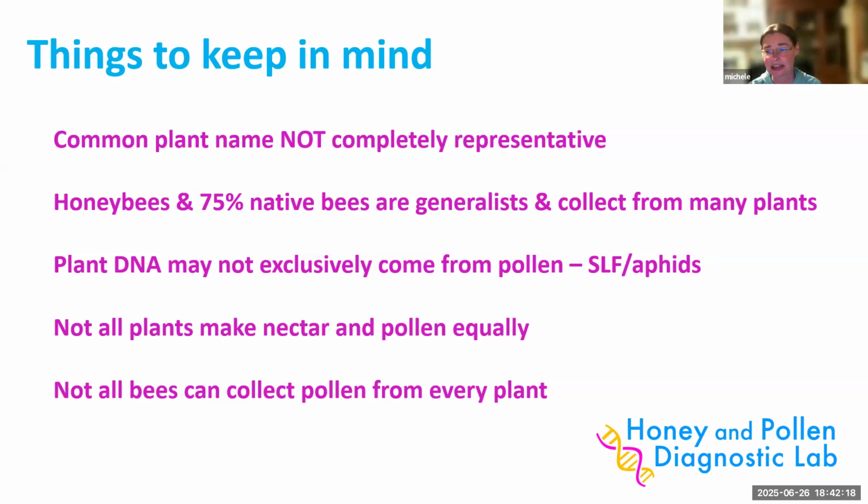Okay, so there are just a couple of things to keep in mind if you see something on your report and wonder why it's in there. One other thing I like to tell people: when you're providing me a sample of honey that's been through an extractor, because I'm after the pollen, you've usually collected it in a large volume.